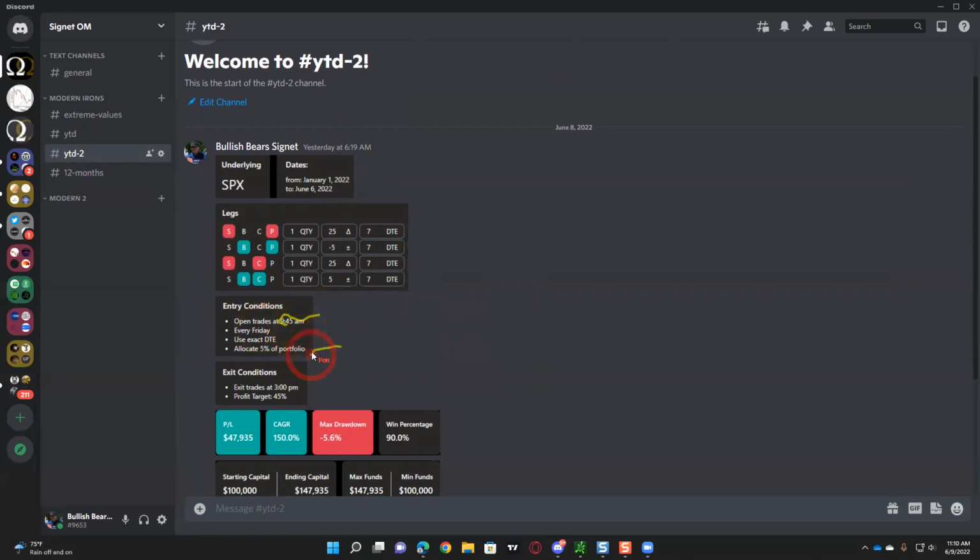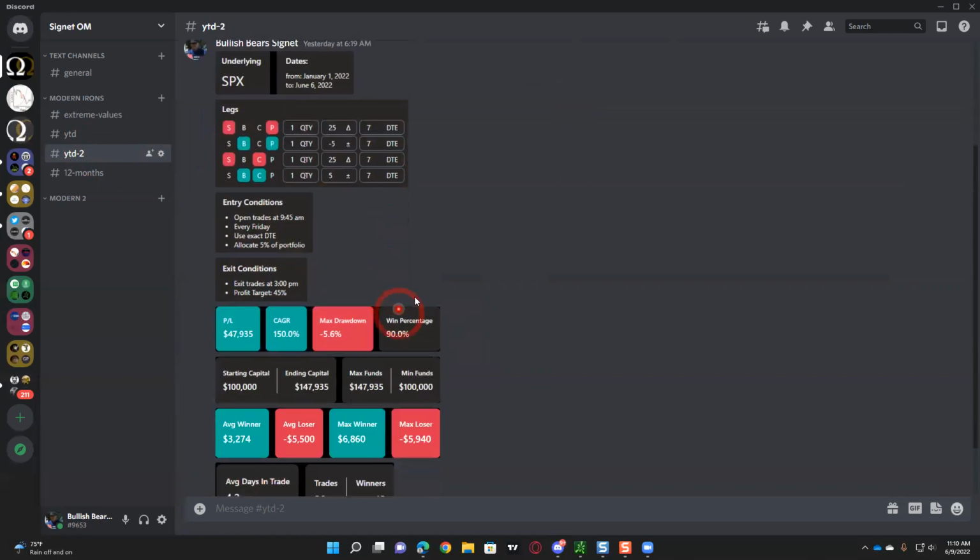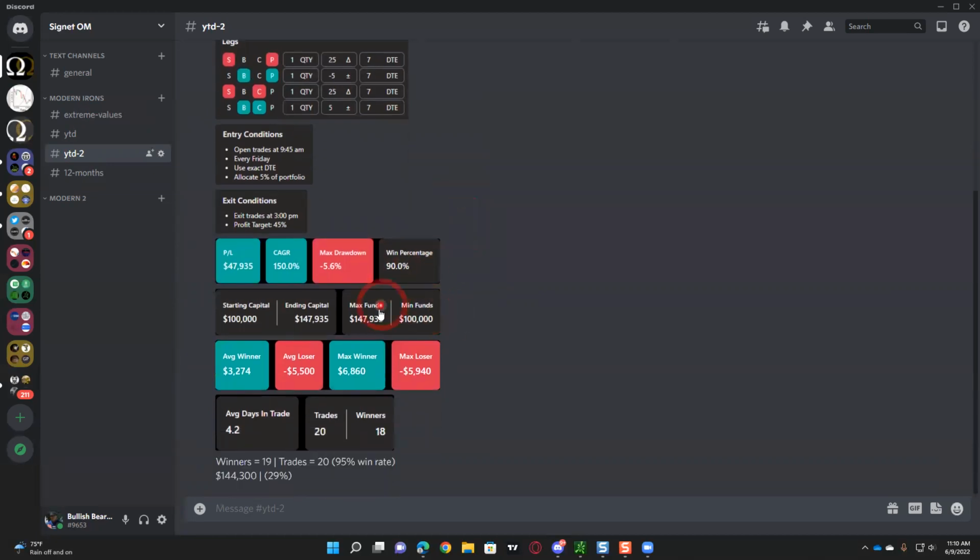We're going to use 5% of that $100,000 portfolio. And this has a 90% win rate. And the maximum funds was 147, because remember, we started with 100,000. We made 47,000 between January and June 6.